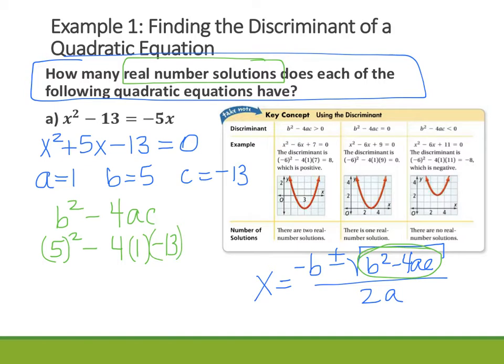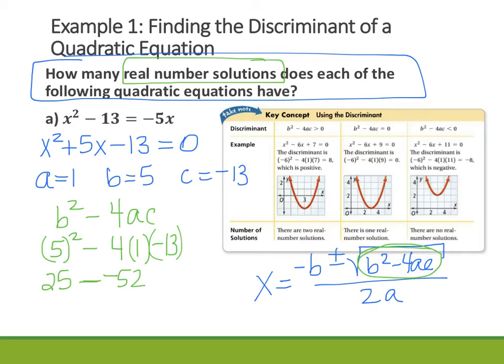So notice that I'm just putting the numbers in, and that is 25. Now this is where you have to be careful. I'm subtracting 4 times 1 times negative 13. So 4 times 1 is 4, and 4 times negative 13 is negative 52.